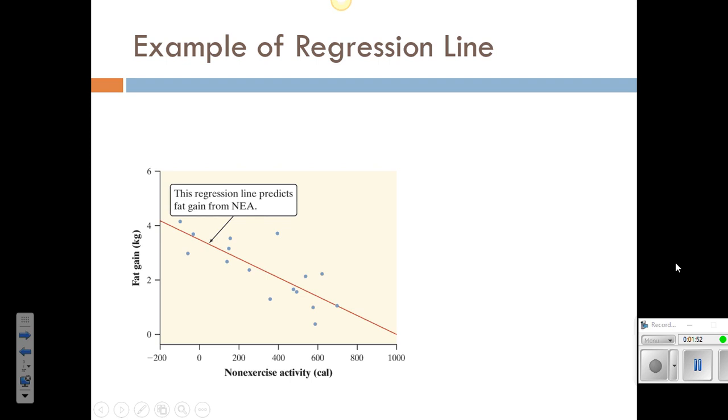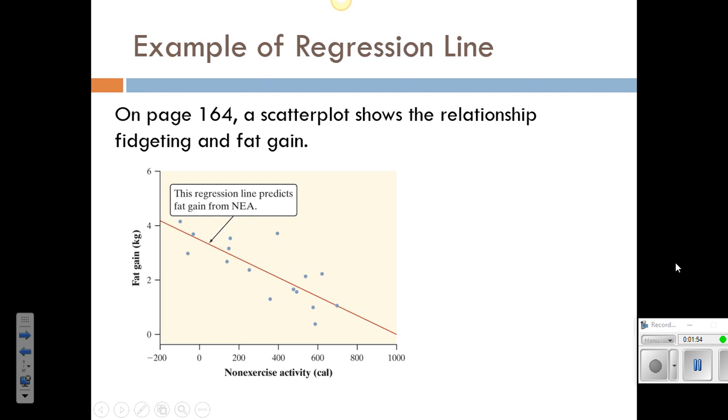So this example is in your book on page 164. It's talking about the relationship between fidgeting and fat gain. Have you ever fidgeted when you're taking a test? Do you know those people who are with their legs, you know what I'm talking about? Yeah, that's called fidgeting, which is fine.